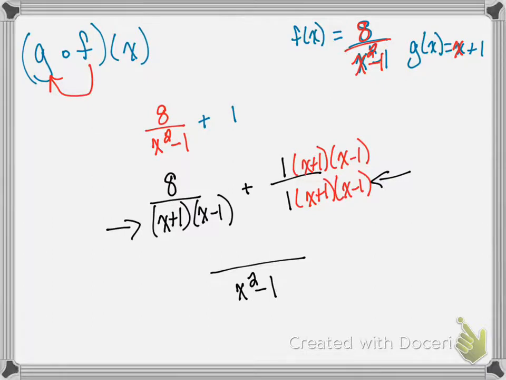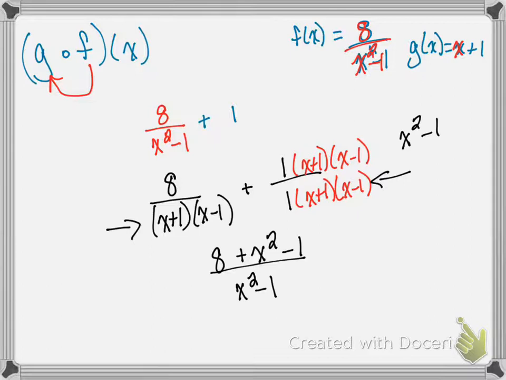So then I've got 8. Now this right here, x plus 1, x minus 1, what does that become? I'm just FOILing it. x squared minus 1. Then I've got 1. 1 times x squared is just x squared. 1 times negative 1 is just negative 1.